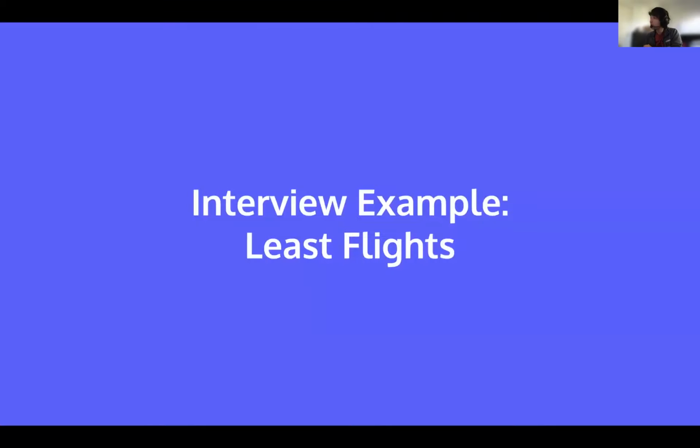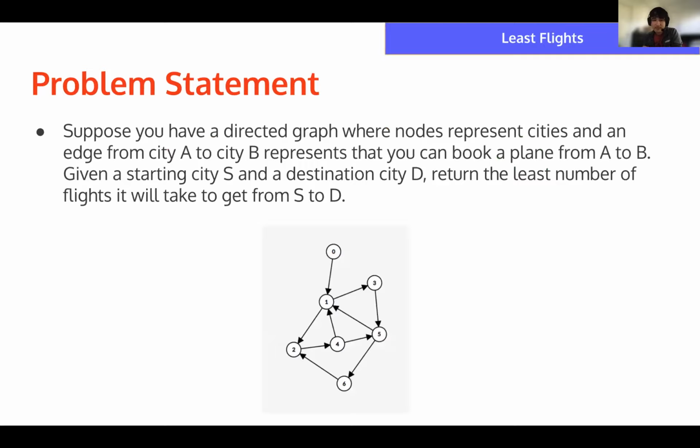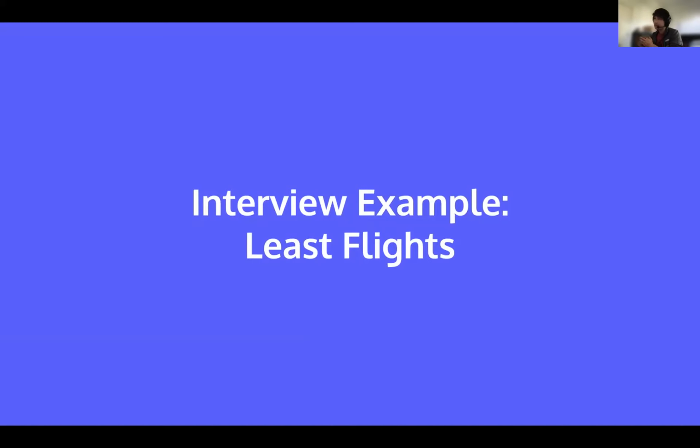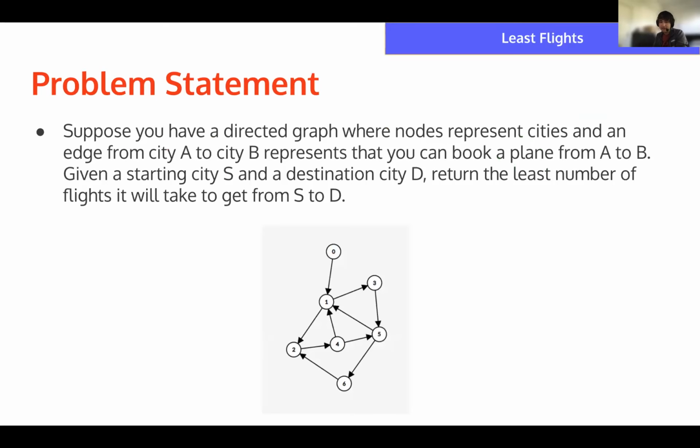Cool. So as I mentioned, we're going to do one that is this example that I love, which is flights and cities. So suppose you have a directed graph, as we talked about, as people very astutely pointed out, representing cities and flights that connect them.